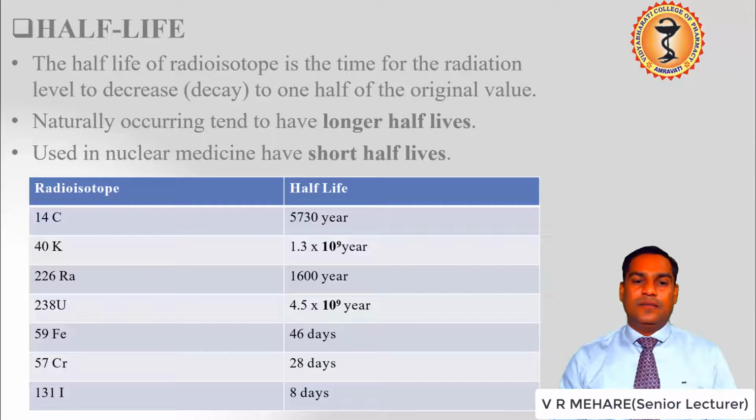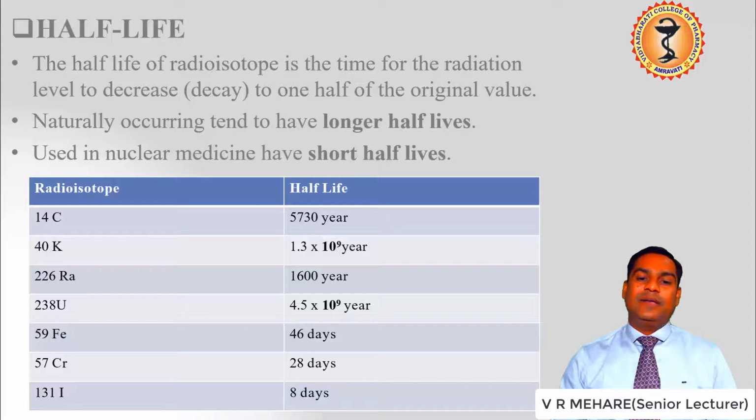In the tabular format below, some radioisotopes with their half-life periods are shown. Carbon-14 has a half-life of 5730 years. Potassium-40 has a half-life of 1.3 x 10^9 years. Radium-226 has a half-life of 1600 years. Uranium-238 has a half-life of 4.5 x 10^9 years.